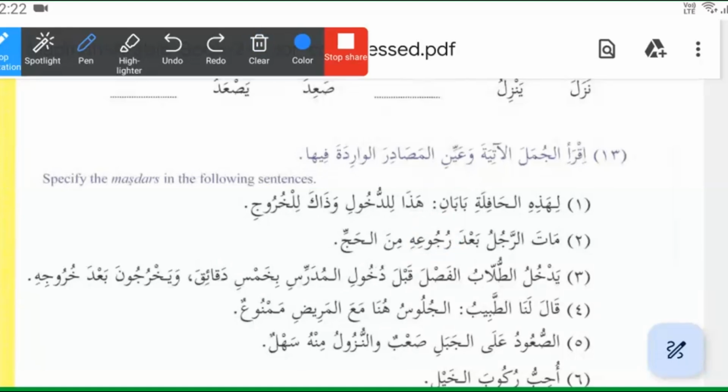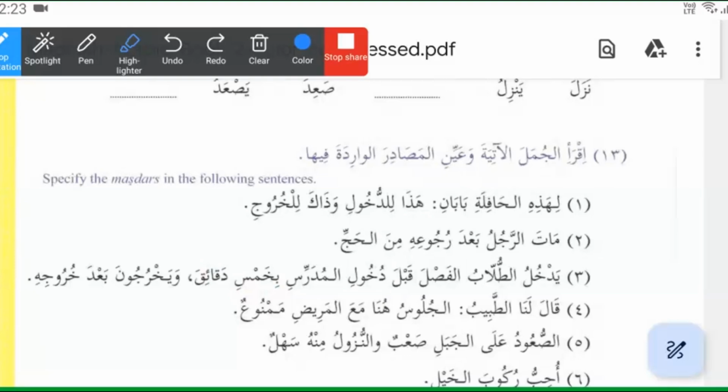يدخل الطلاب الفصل قبل دخول المدرس بخمس دقائق ويخرجون بعد خروجه. يدخل الطلاب, the students enter the class, قبل دخول المدرس, before the teacher enters, by 5 minutes. بخمس دقائق, دقائق is mamnu min al-sarf, that's why it's diptote, it's not daqaiki. According to rules of muzaf and muzaf ilay, it should be daqaiki, but it's mamnu min al-sarf, so it is daqaika.